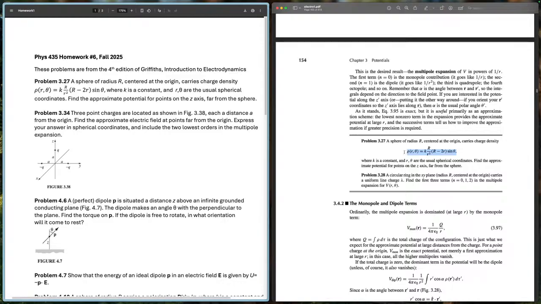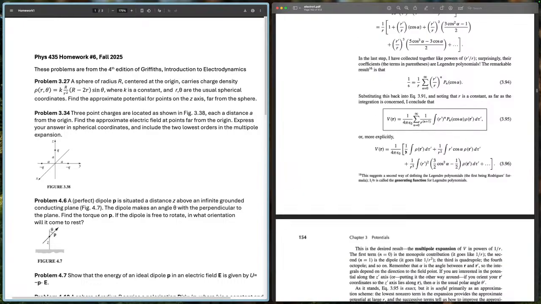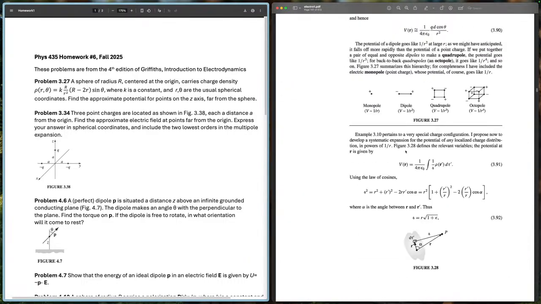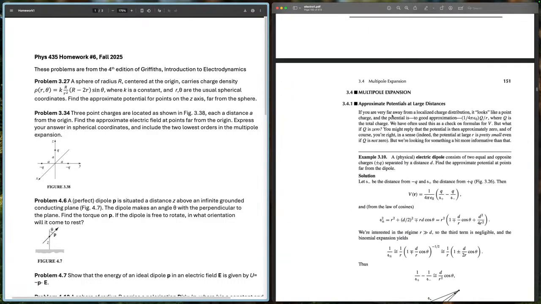And so one thing we could do is first to integrate this charge to find the total charge of the sphere. But it probably has to do with this unit, which is on multipole expansion.